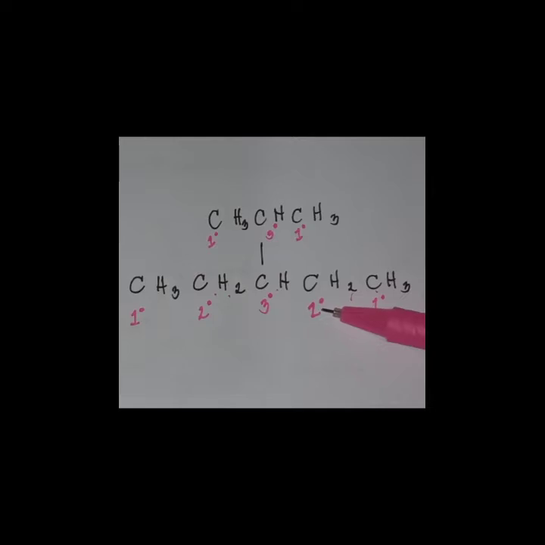The last carbon atom is identified as a primary carbon because it is only bonded to 1 carbon atom. So we have 4 primary carbon atoms, 2 secondary carbons, and 2 tertiary carbon atoms. That is for letter B.